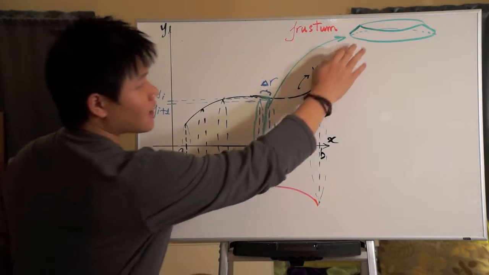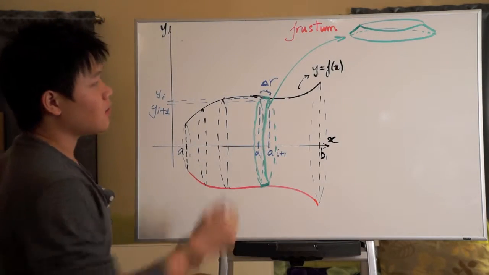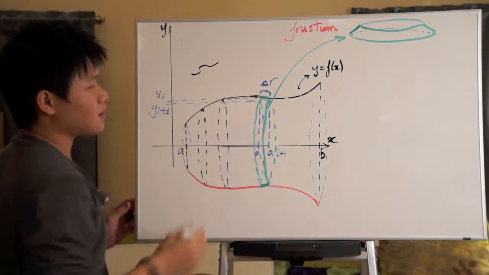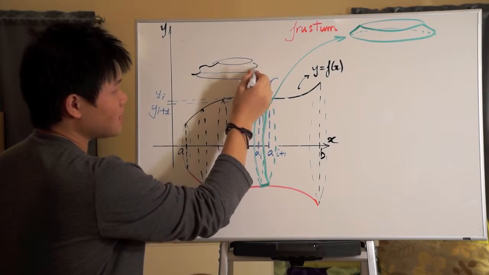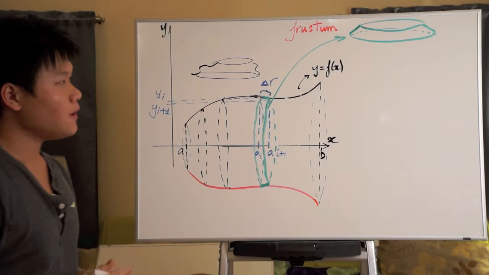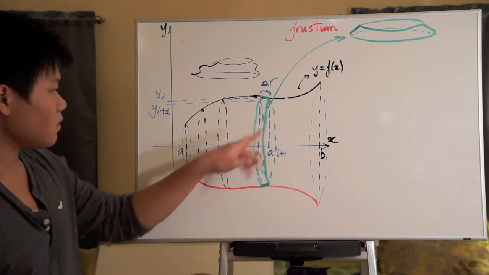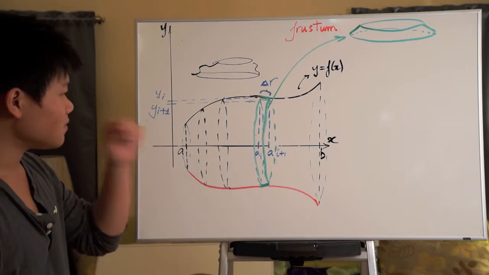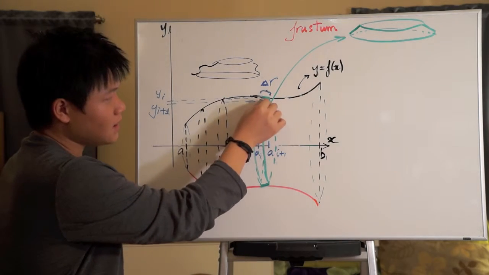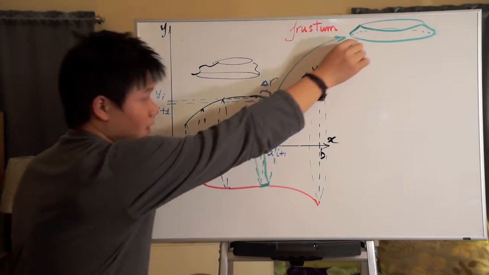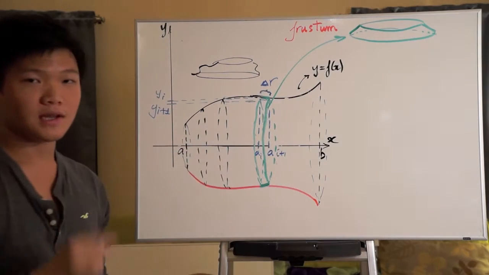Why does it have a straight line like this, rather than some curvy shape like that? Because we pick an x increment that is small enough so that delta r, the length here, is almost like a straight line.